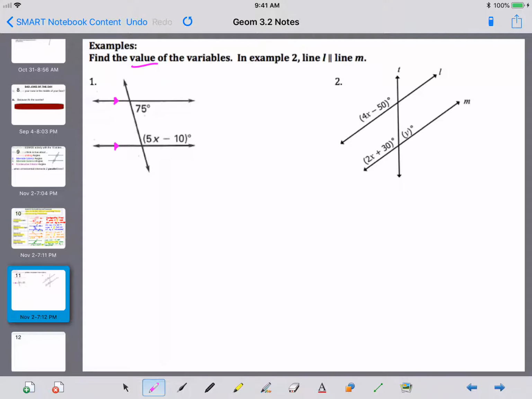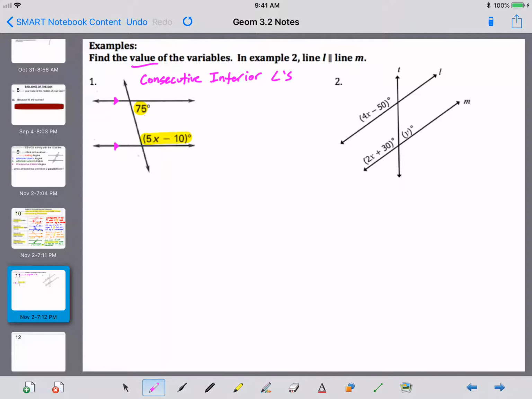So if we look at these, we got to determine what type of angles we have here. Well, these are consecutive. They're on the same side. They're inside the parallel lines, so they're interior angles.